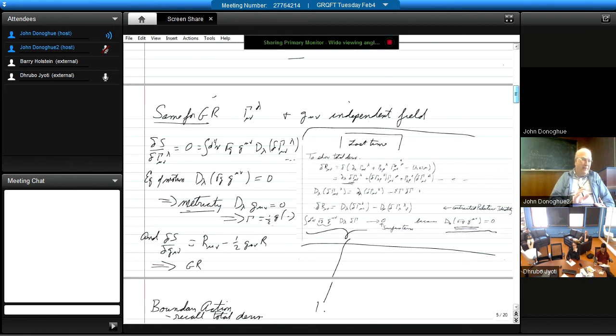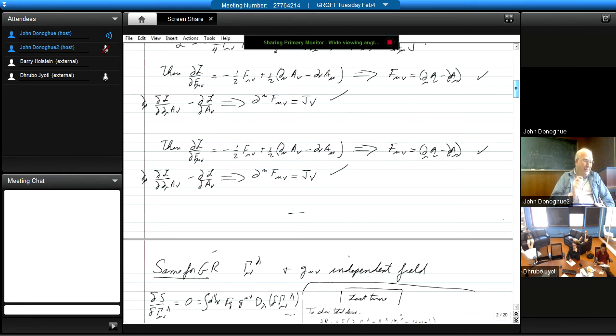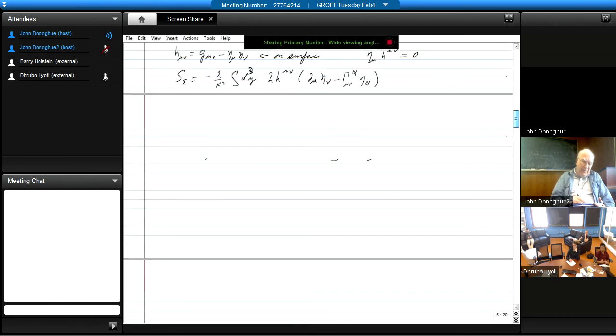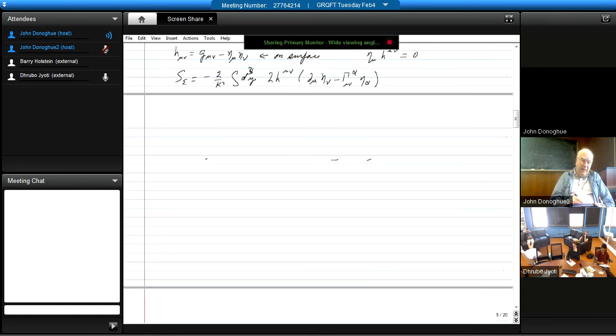Next piece of trivia. Okay, so I'm going through a few little things about general relativity. The Palatini boundary term. This is a curiosity. There's an alternate form of the Einstein-Hilbert action, and it just comes from throwing away a total derivative in the usual action.